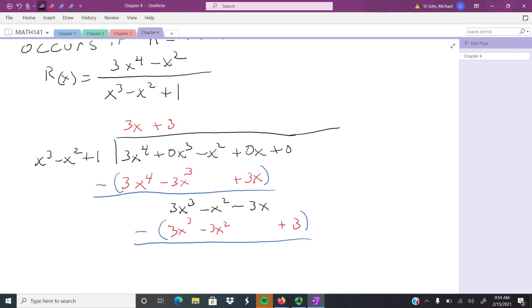The minus x squared minus a minus 3x squared will be 2x squared. And then this will be a minus 3x and a minus 3. We can't divide x cubed into x squared, so at that point we're done. And so we have an asymptote at y equals 3x plus 3. And this will be our oblique asymptote.